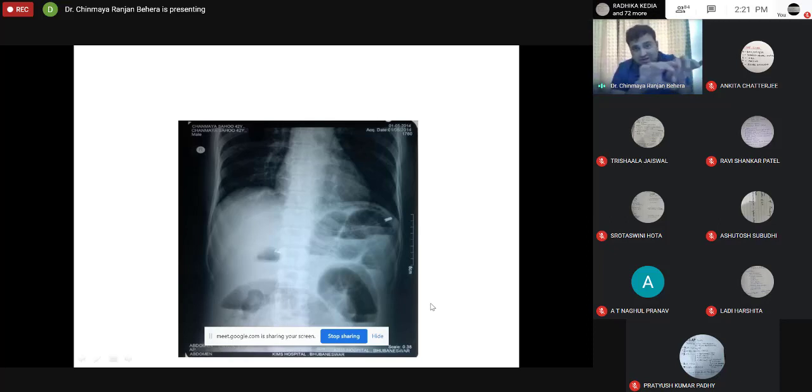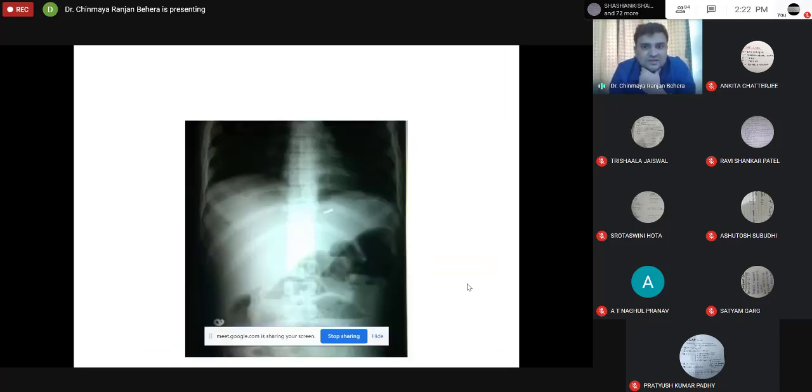Because whenever there is an obstruction in the bowel, the loop distal to the obstruction is collapsed, and proximal to the obstruction is a dilated loop. So in the dilated loop, you will have air fluid levels, and the distal loop will not be visible. So this is a case of a small bowel obstruction.